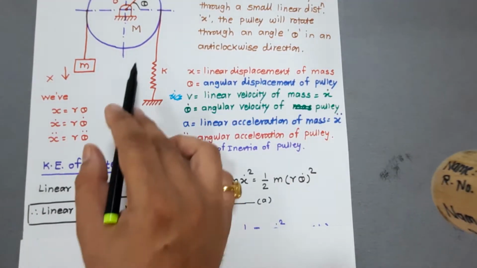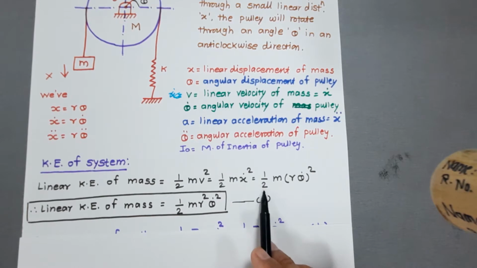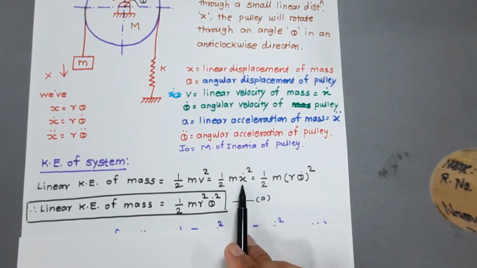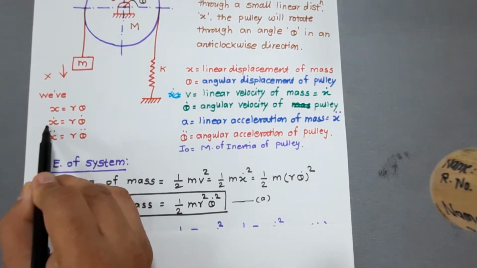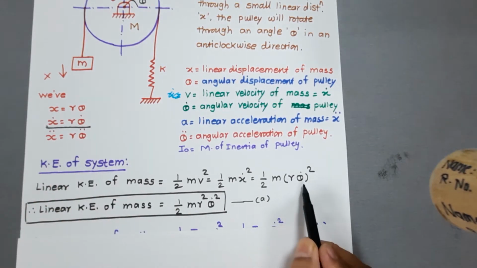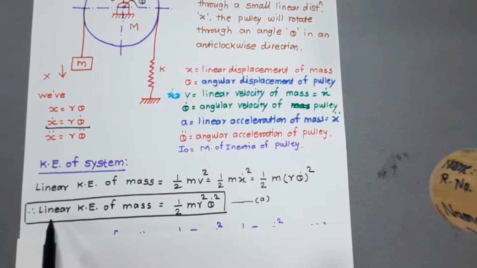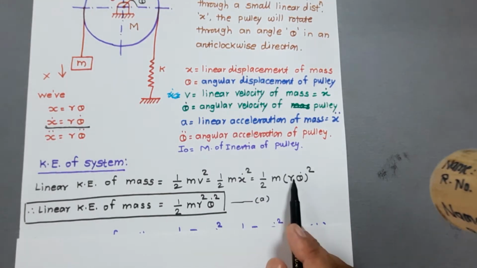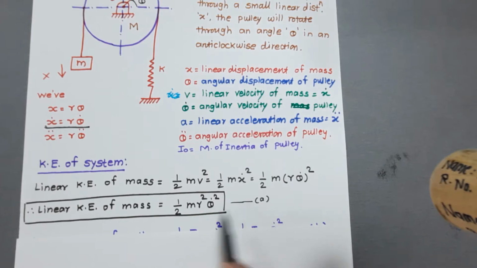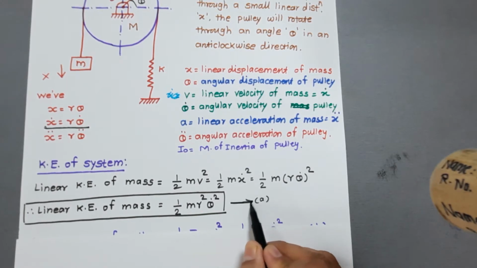Putting the value of x dot as r theta dot, in brackets squared, the linear kinetic energy of the mass is equal to 1/2 m r square theta dot square. I have represented this as equation number A.